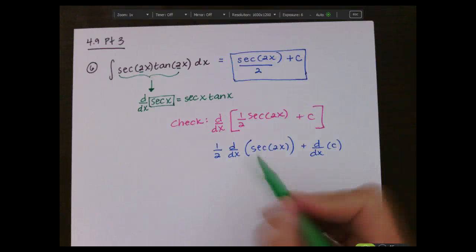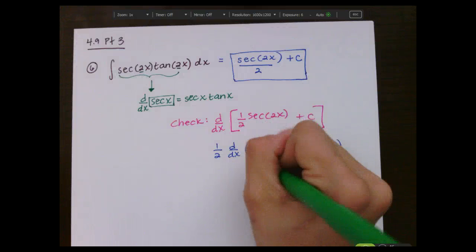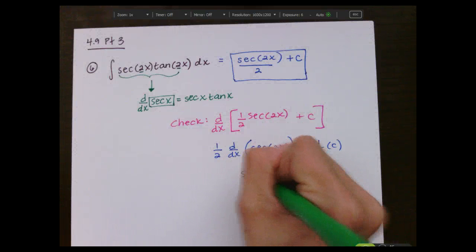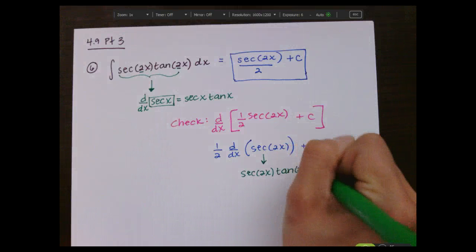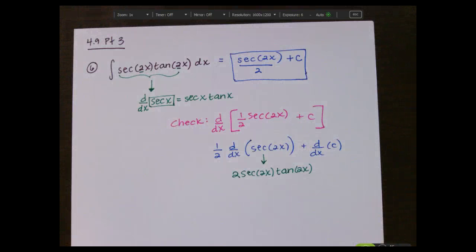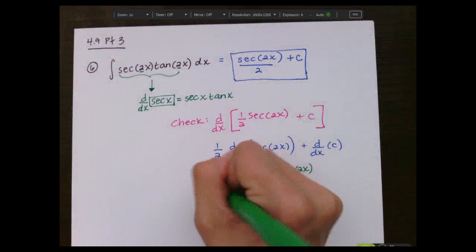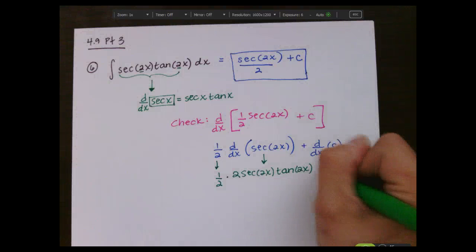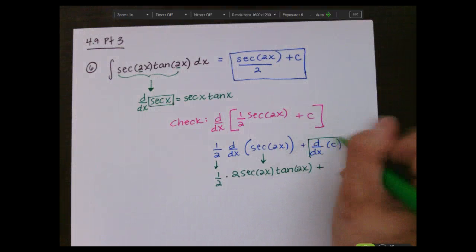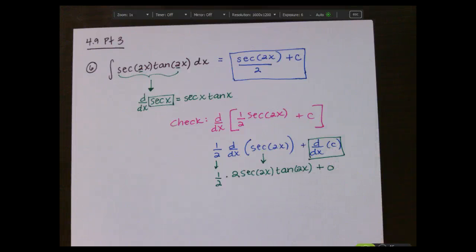The derivative of secant of 2x is secant 2x tan 2x, use the chain rule and multiply by the derivative of the inside, which is 2. Don't forget that you have that 1/2. And then over here, the derivative of any constant is always 0.